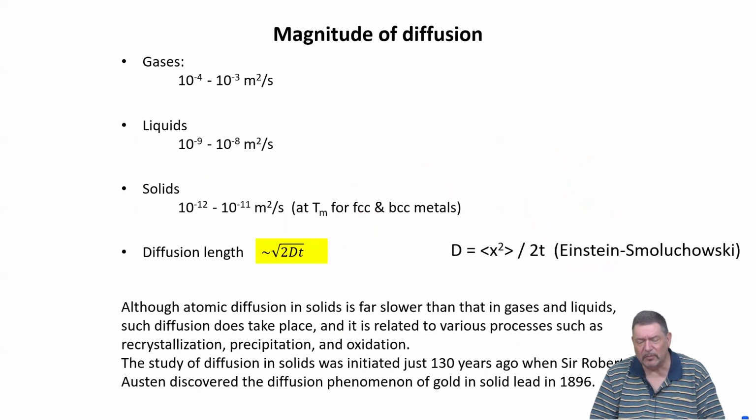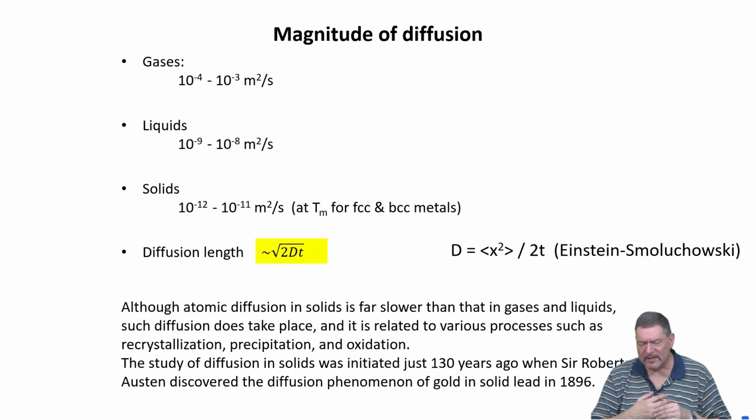In the liquid, it's maybe 4 orders of magnitude lower, and then there is a huge gap for the volume diffusion in solids, measured at the melting temperature for typical FCC and BCC metals. If you now go to half the melting temperature, obviously these diffusivities go down a lot. Why is that? Two reasons. The vacancy concentration goes down, and the amplitude of the thermal vibrations of the atoms also goes down.